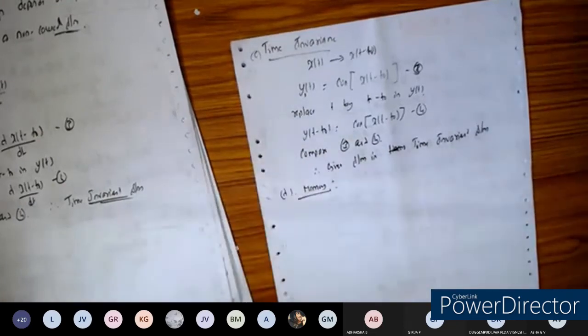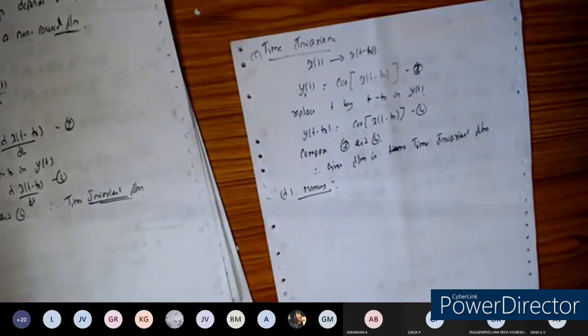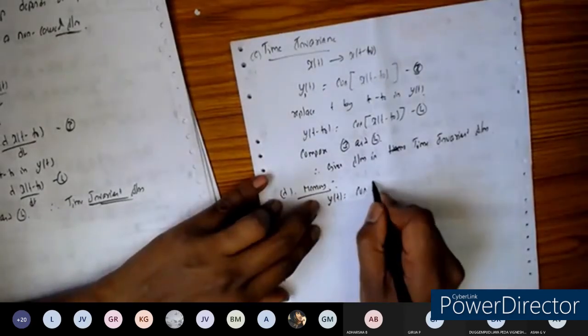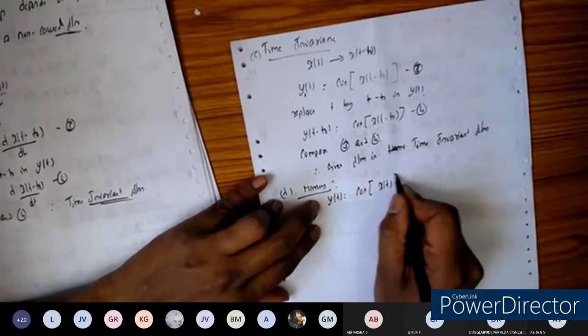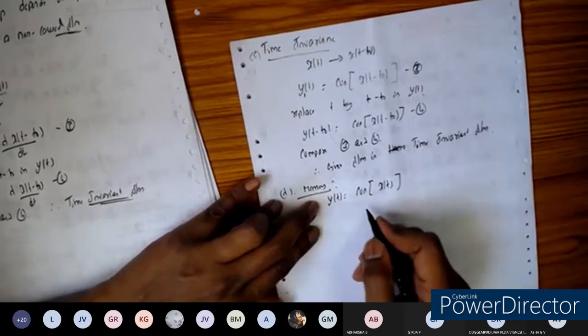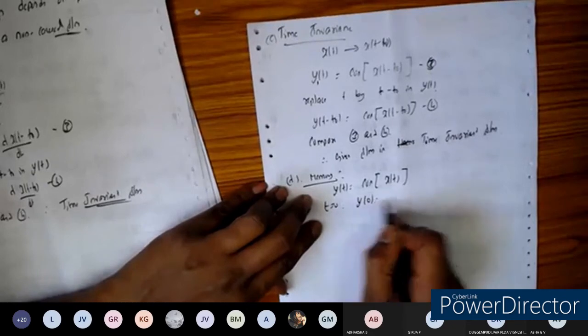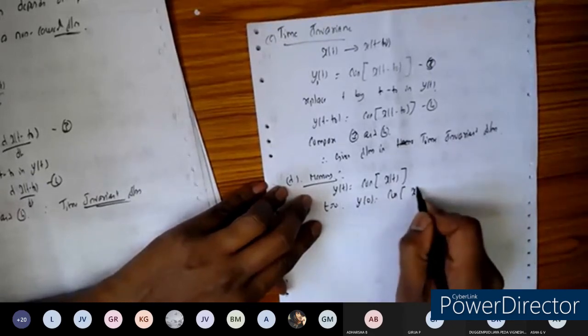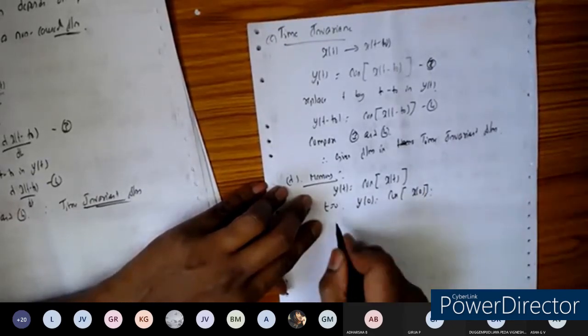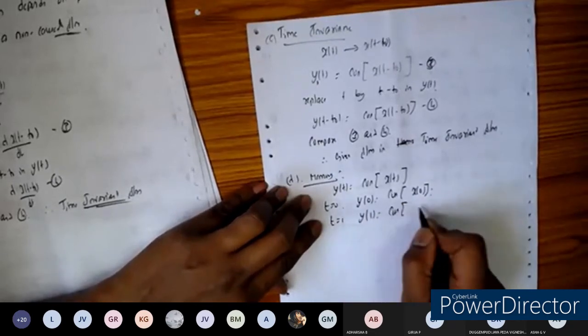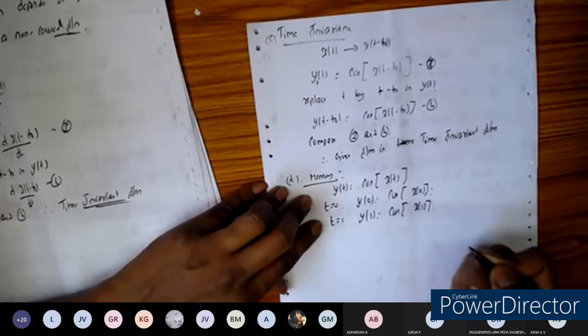Okay, so let us go for finding the memory here. y of t is equal to cos of x of t. If I substitute t is equal to 0, y of 0 becomes cos of x of 0. Similarly, t is equal to 1, so y of 1 is equal to cos of x of 1.